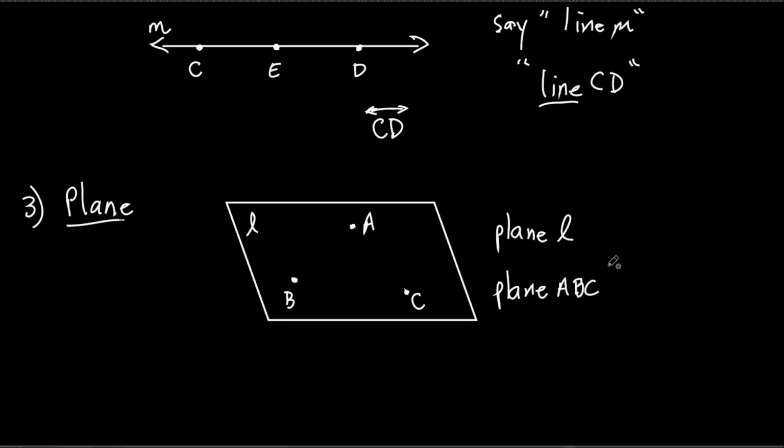Yes? The lowercase L just represents the plane. So if I didn't even have these points in here and I had a little lowercase letter in any of the corners, I could call it that. So if I had a little A right there, I could call this plane A. Now you wouldn't have a lowercase L and a lowercase A, but you'd have one or the other.